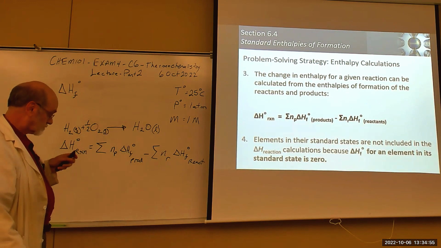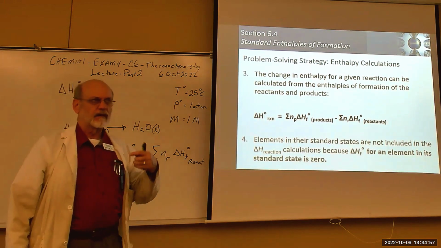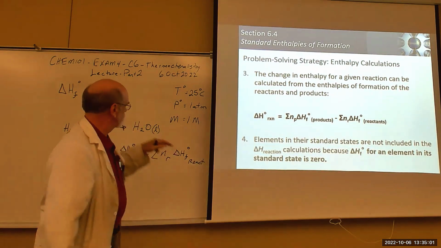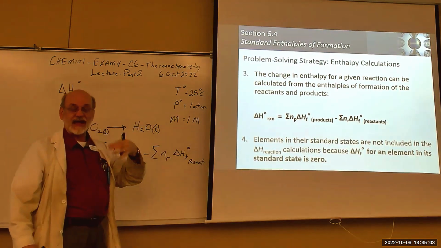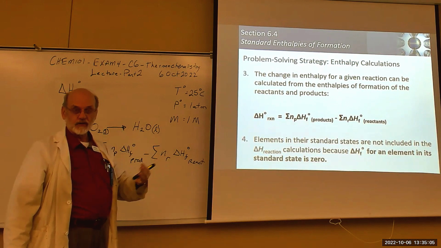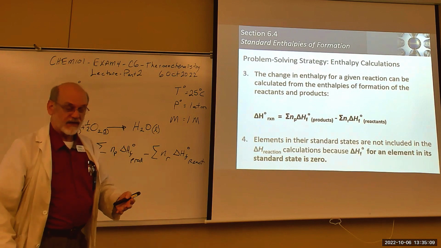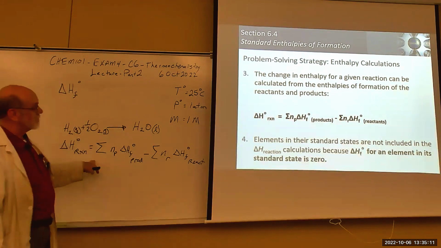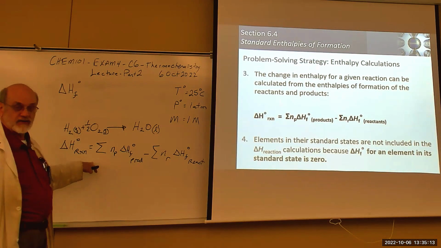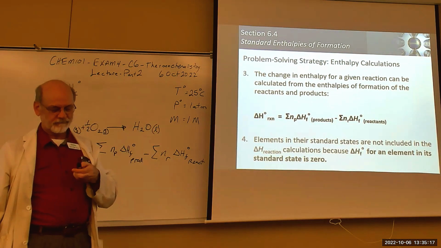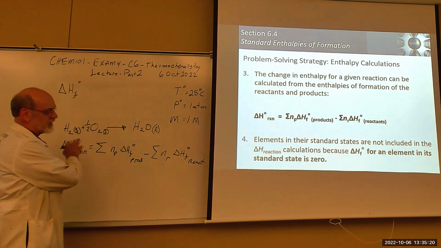And if you have an equation for a reaction that's balanced, and you're given a series of equations that you can add together using Hess's law, you'll get a value for delta H. If you take that same equation and you use standard enthalpies of formation, you get the exact same value. So this is very convenient.